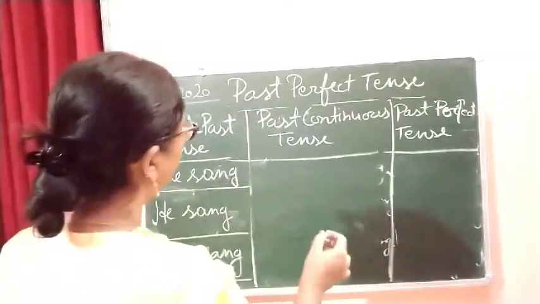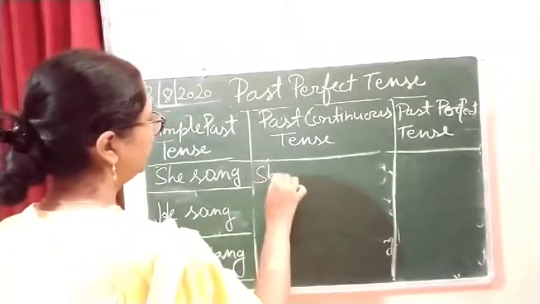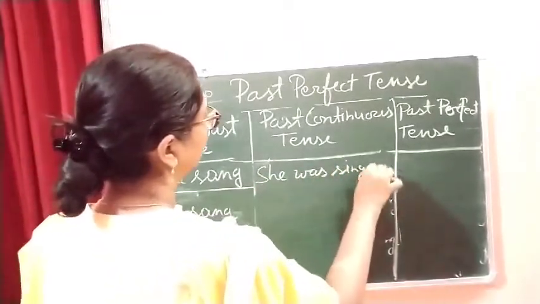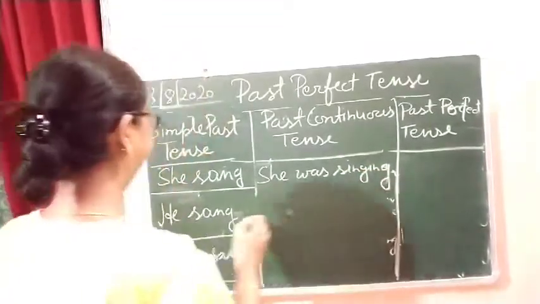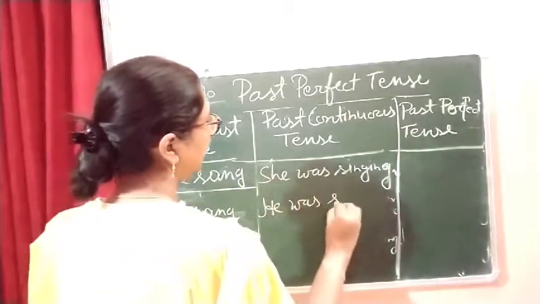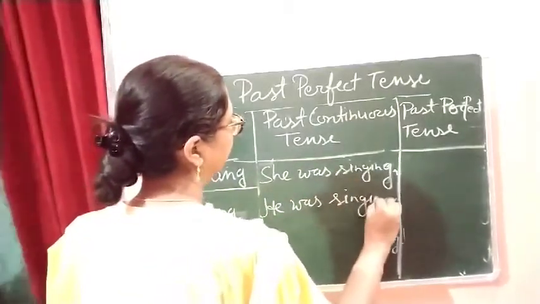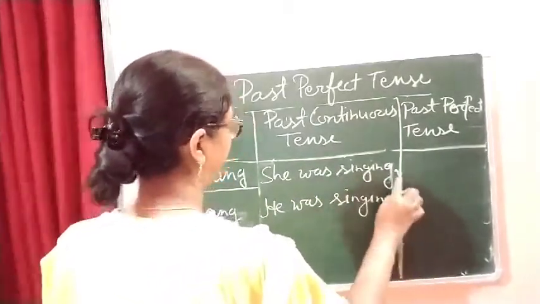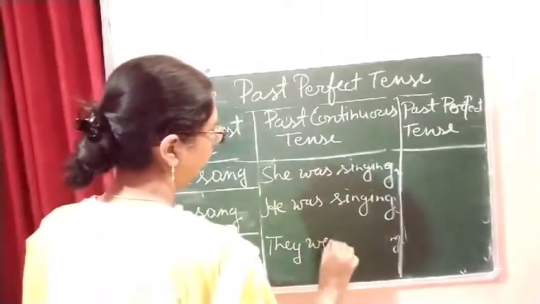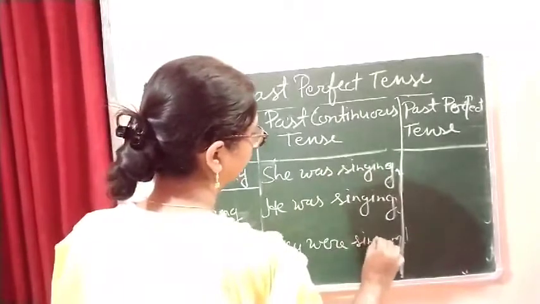Now here in past continuous tense we are going to write she was singing, he was singing, they were singing.